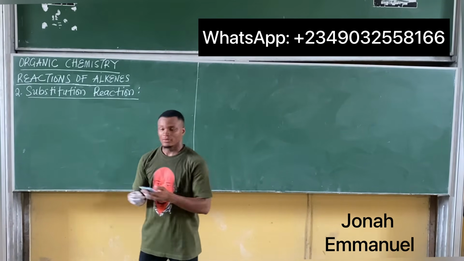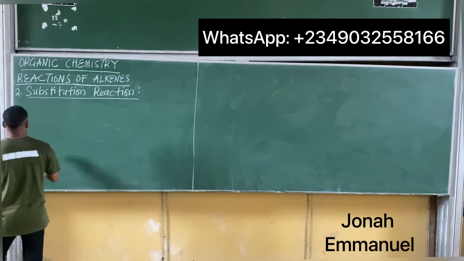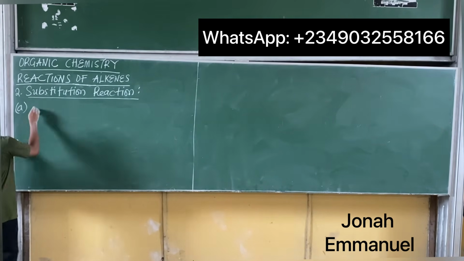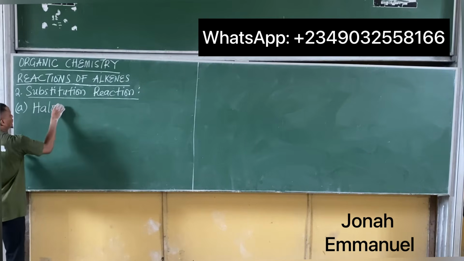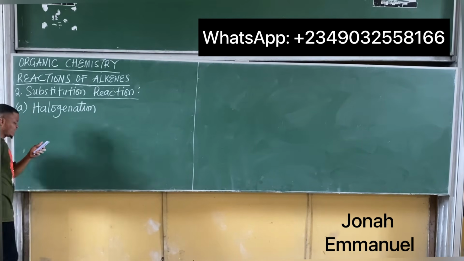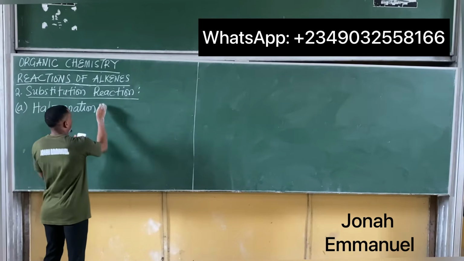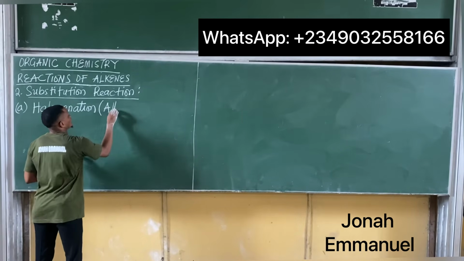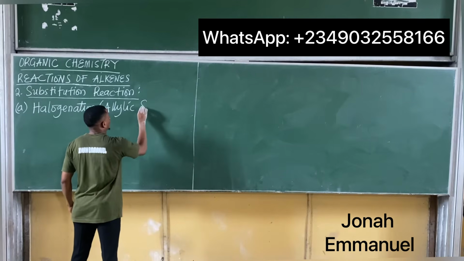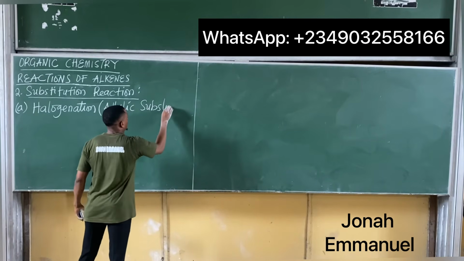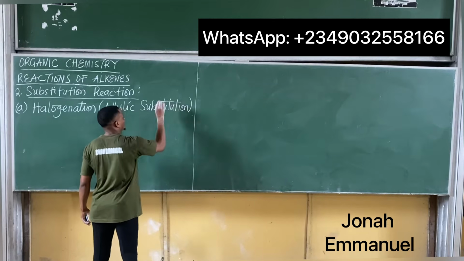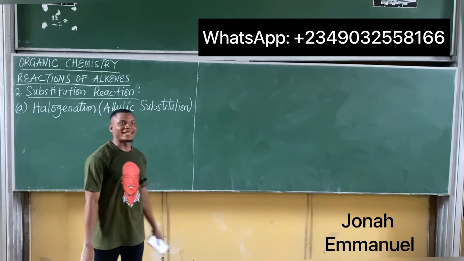Number 1, under this you have halogenation, which is also called allylic substitution.